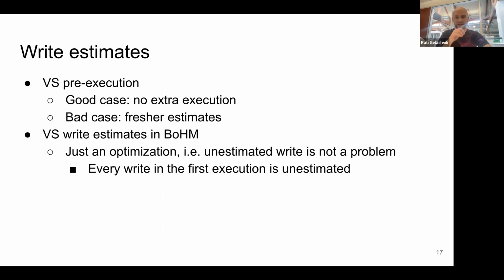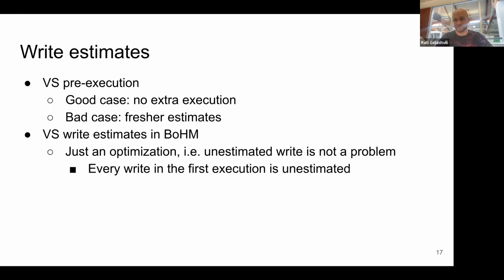Moreover, the estimate in pre-execution is always based on the initial state. In our case, it's based on whatever speculative state you read when you aborted. If you keep aborting, your estimates get fresher and fresher. If you already executed 200 transactions and you're executing transaction 201, it's reading all these recent things that transactions like 195 are writing, so the estimates we are getting are much more accurate.